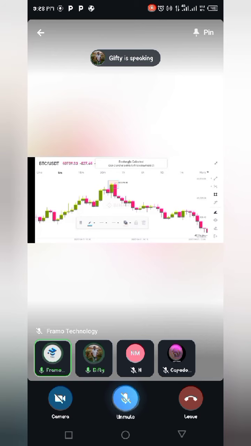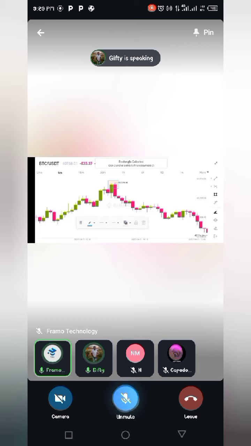Is it a hammer? Is it an inverted hammer? Is it a morning star? So this is a bearish engulfing pattern.